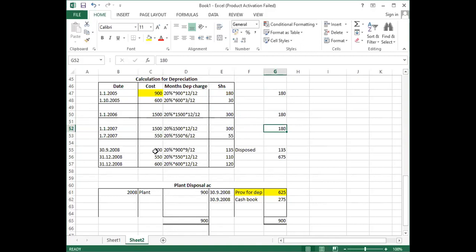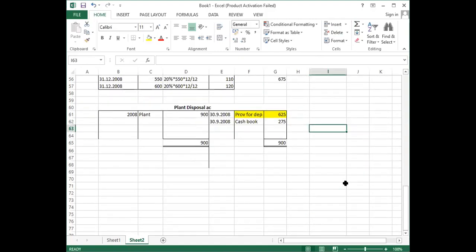But the final year, we are selling it, we have disposed it. The depreciation for 9 months is 135, and therefore, adding this, you get a total of 675.